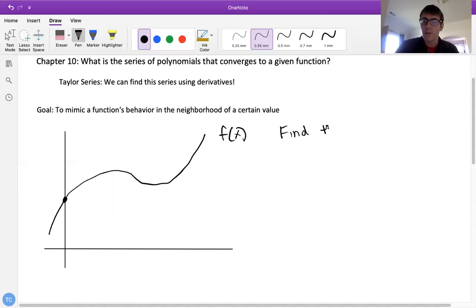So to start off, let's say that we want to find the equation of the line that matches f of x and is tangent to it at point 0. In other words, we want to find the equation of the tangent line at x equals 0. And hopefully this is a question that you have seen before.